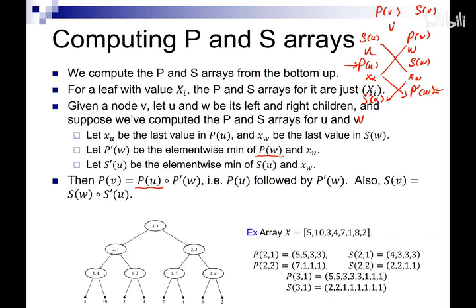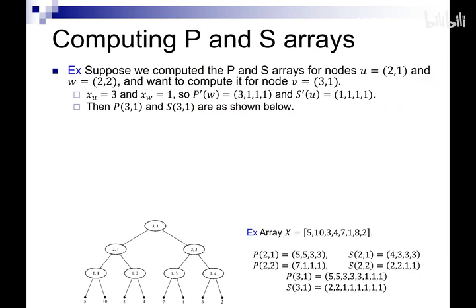So just P of U for the first part, and then P prime of W follows as the following part. So that's going to be P of V over here. And then S of V is going to be the S of W array, followed by this S prime of U array. Okay, so that's the construction.